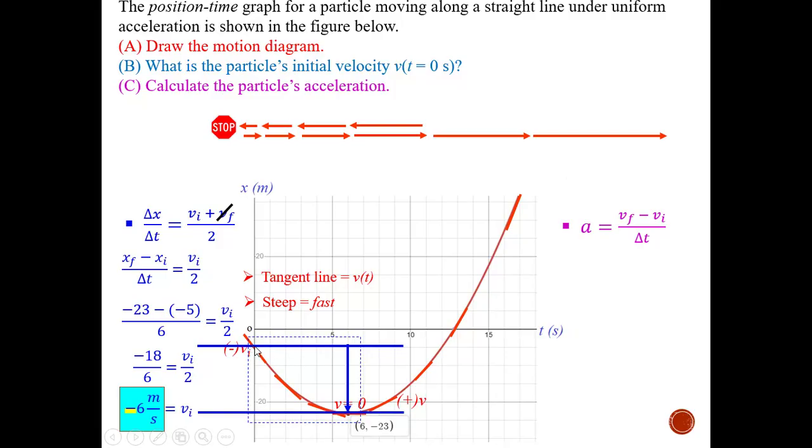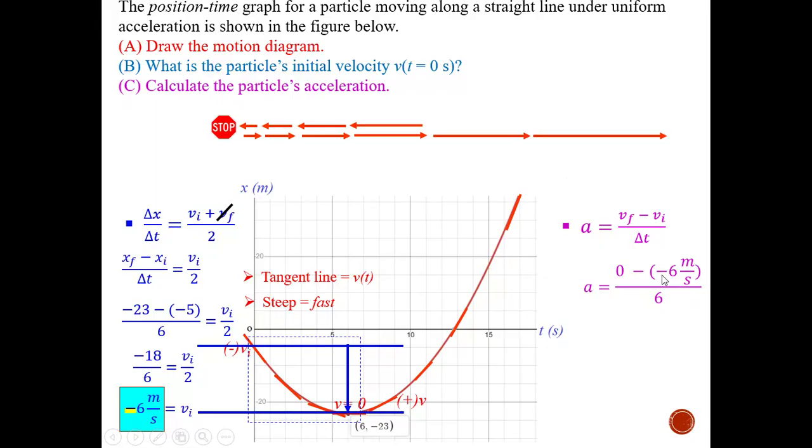So I'm going to start at 0 seconds and go all the way to 6 seconds. At 0 seconds, the object is initially moving at an initial velocity of negative 6. And then VF is just 0 because at 6 seconds it came to a stop. So here, the negative sign gets carried down. VI itself is a negative quantity, so I put that in parentheses.